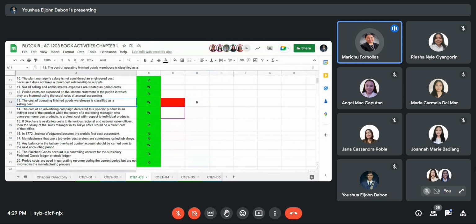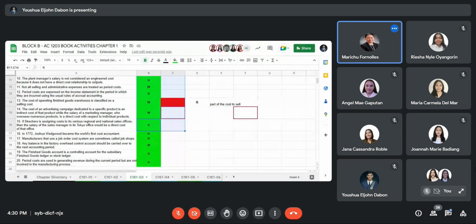For storage namang good na, di man na production ang sa warehouse. So statement number 13 is true. Then, okay, what else? Aside from 13, next number nga false? 14 and 18. Okay, correct.